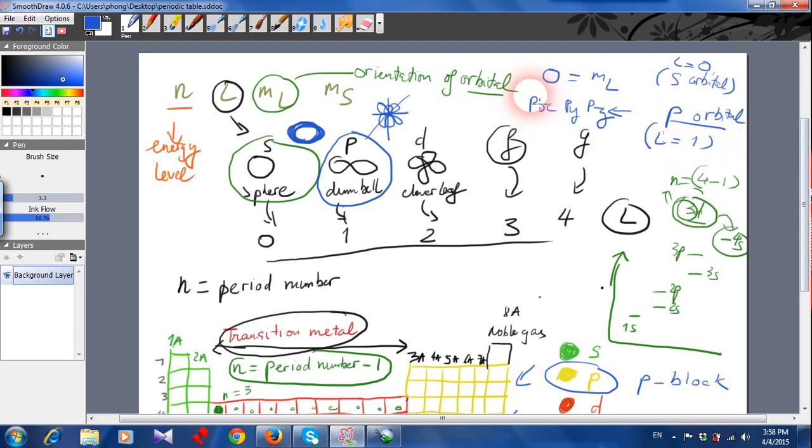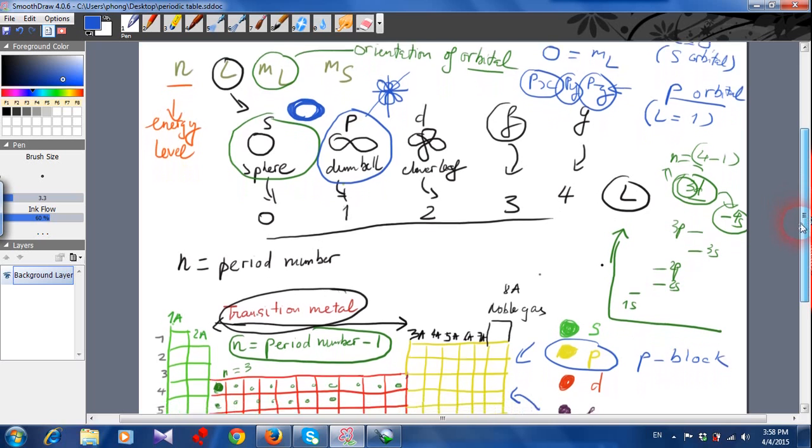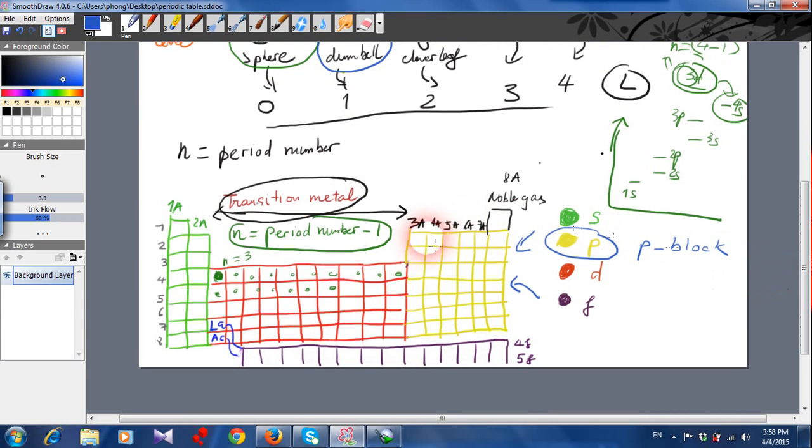So we need to know where px, py, and pz are. In a general way, we have this: px, py, pz, and again px, py, pz.